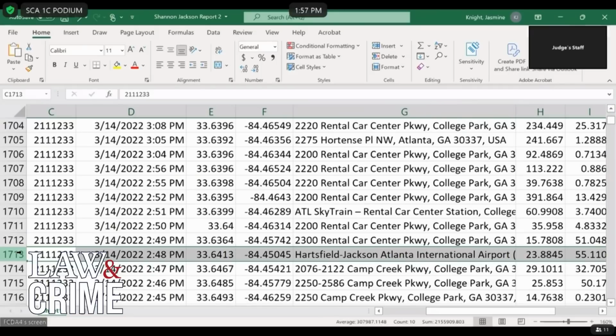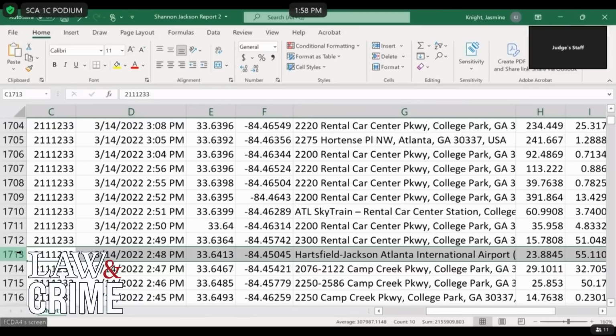Is that Hartsfield-Jackson Atlanta International Airport? Yes, sir. And then do you see in the rows above 2300, 2200 Rental Car Center Parkway? Yes, sir. Are you familiar with what's at that location in general? I believe that's the Hertz rent-a-car adjacent to the airport.